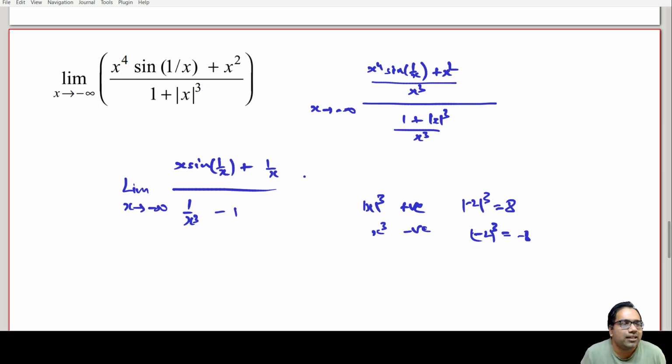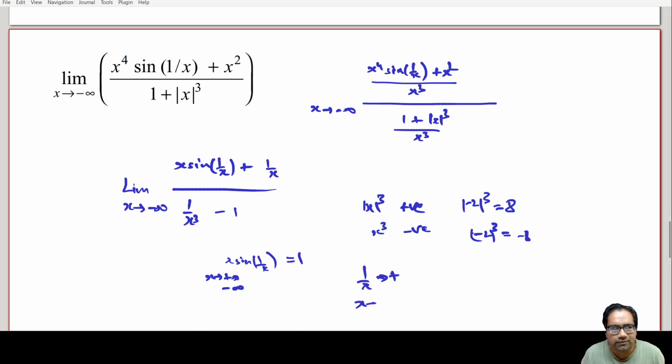Now, earlier we also discussed x sin(1/x). We had another video: when x tends to plus infinity or minus infinity, this is equal to 1. How did we prove this? We replaced 1 by x with some t.